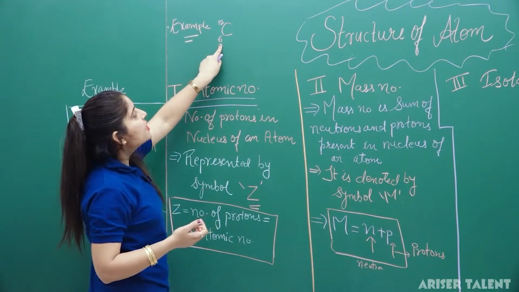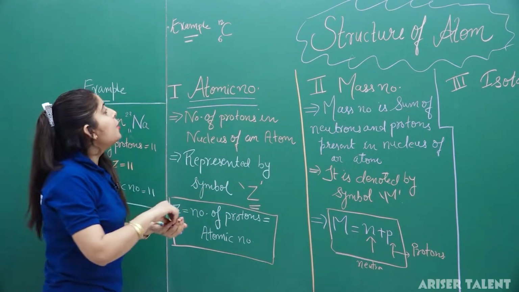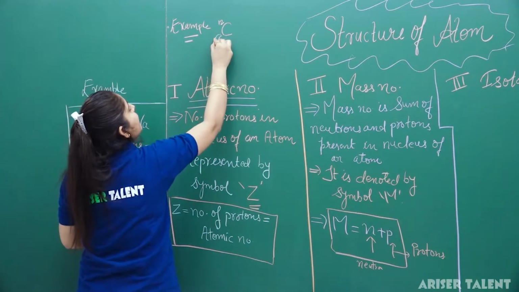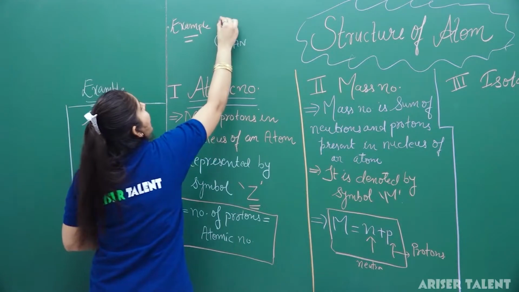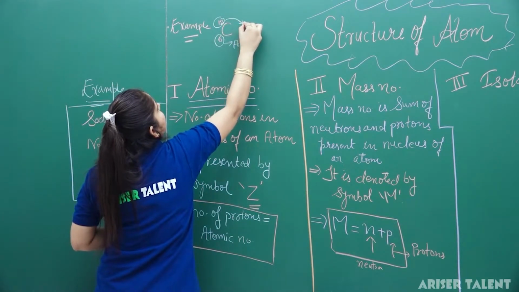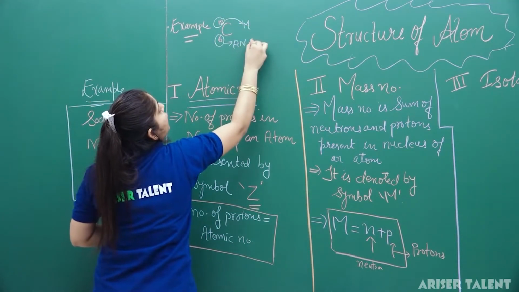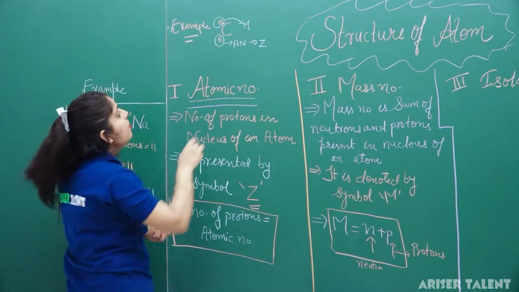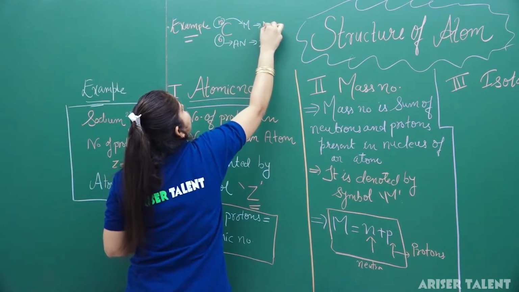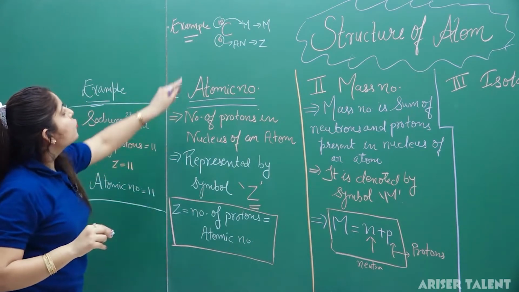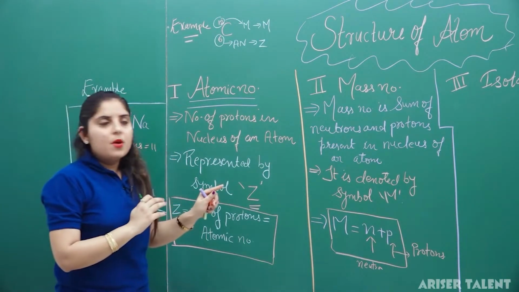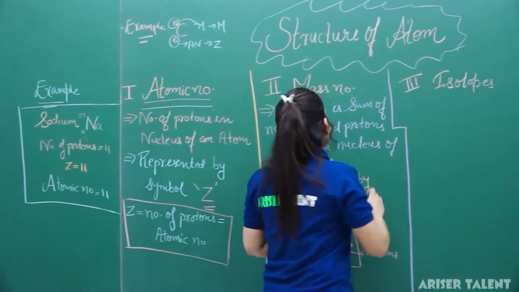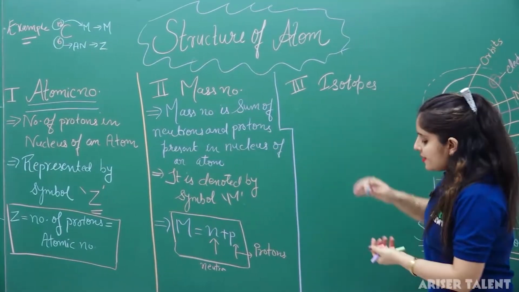So 6 is the atomic number of the element and 12 is the mass number. Atomic number is represented by Z and mass number is represented by capital M. So that is all about the atomic number and mass number of an element. Now we proceed to our next term, that is isotopes.